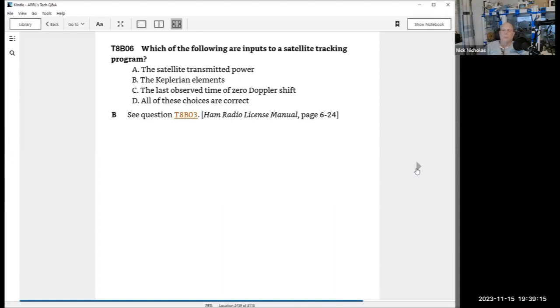Which are the following inputs to a satellite tracking program? Well, Kepler, an early mathematician and astronomer, figured out how to calculate orbits. So he derived the mathematics for it. We refer to them as Keplerian elements.